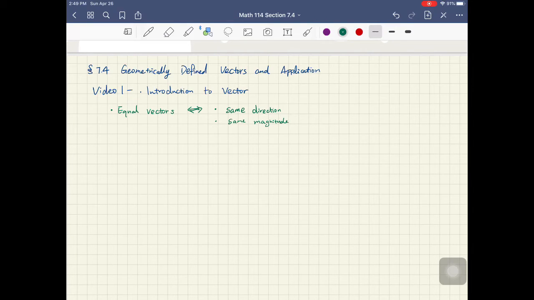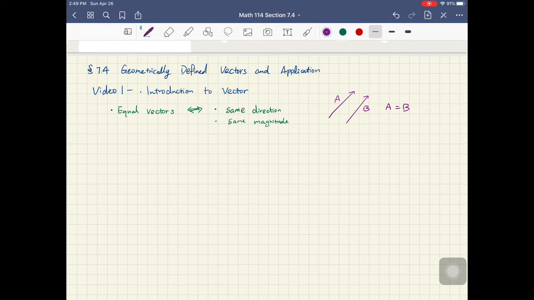Picture-wise, think of it as two vectors that look exactly the same, with the same direction and the same length. Then I will say A and B, the two vectors, are equal.